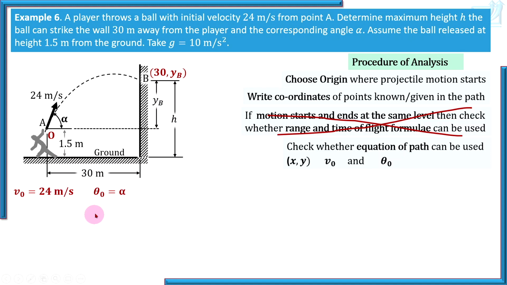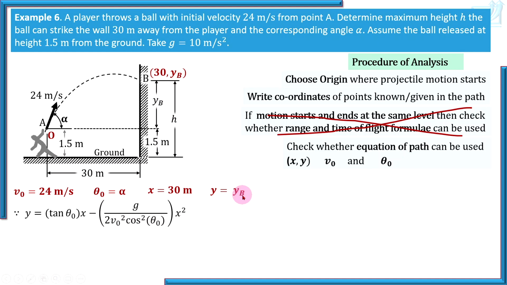So v0 is 24 meters per second, theta 0 is alpha, the x coordinate is 30, and the y coordinate of point B, where the ball strikes the wall, is YB. Put these values in the equation of path. Once you get YB, you can add 1.5 meters for h.